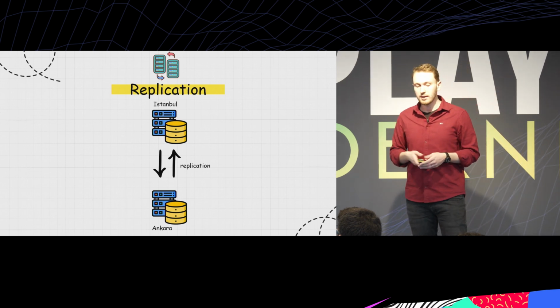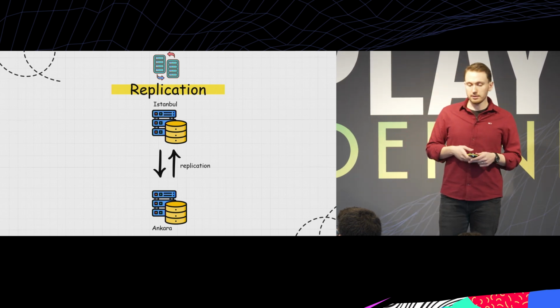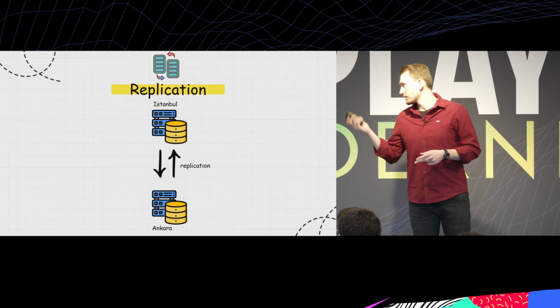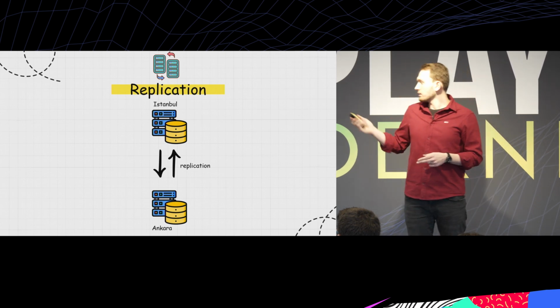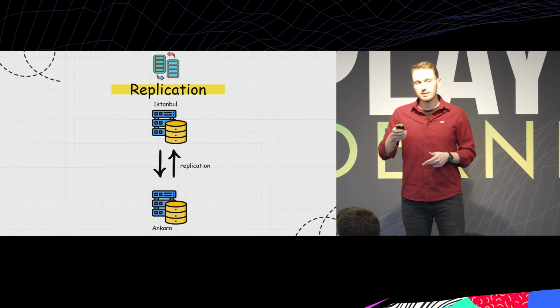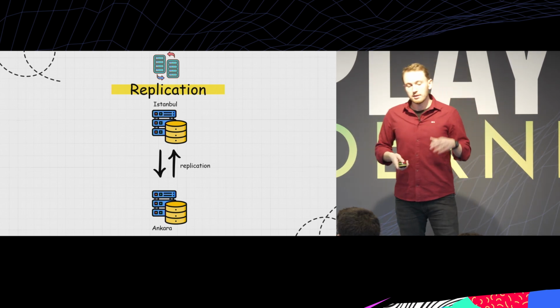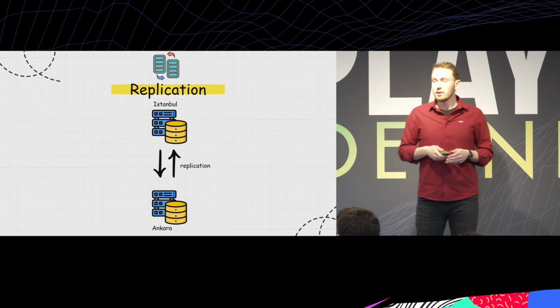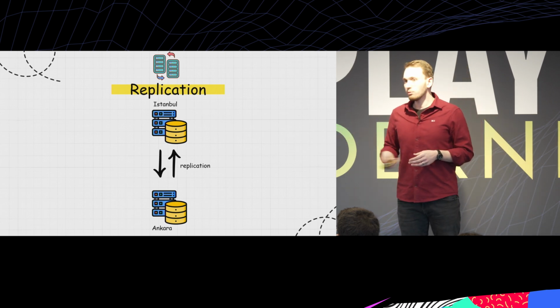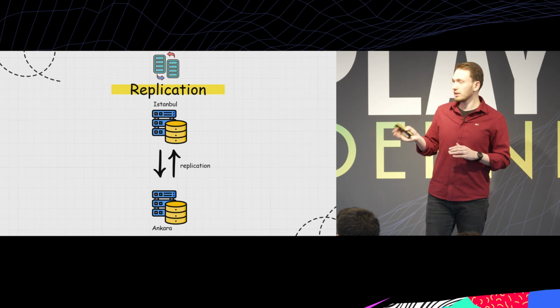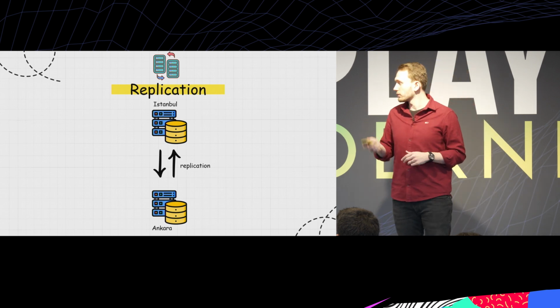In our use case, we will create two databases in two different regions. One will be in the Istanbul region, which is a city in Turkey, and the other one will be in Ankara. And we will set up replication between these two regions. Let's say there is a problem in the Ankara region. We can still use the Istanbul region database as a primary database. Of course, this depends on your replication configuration, but it is not the topic of today.